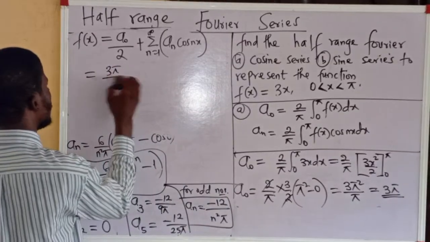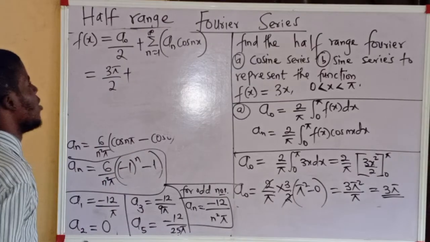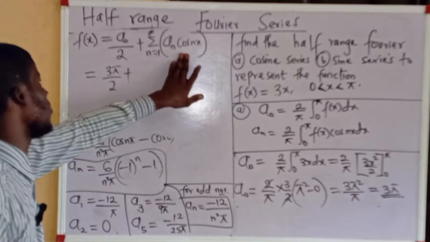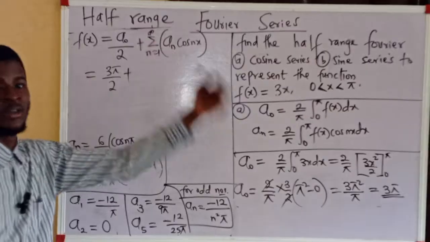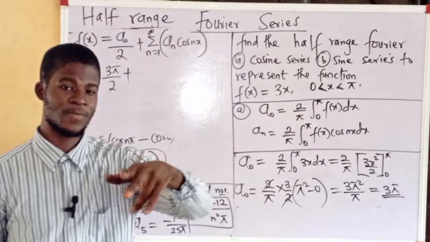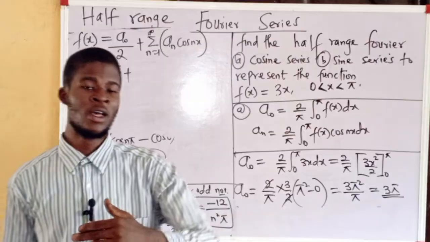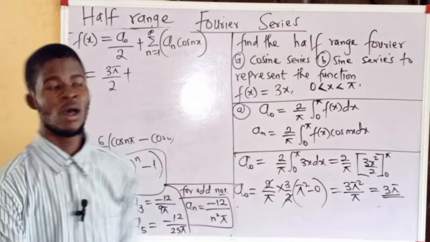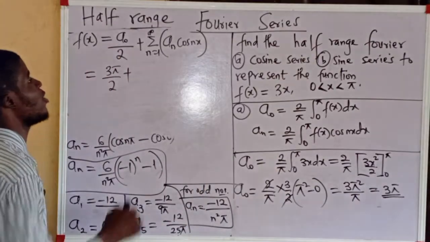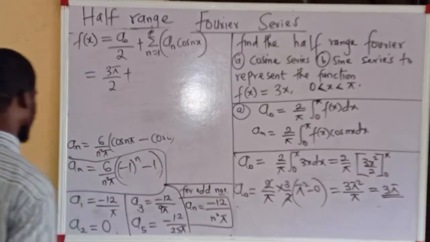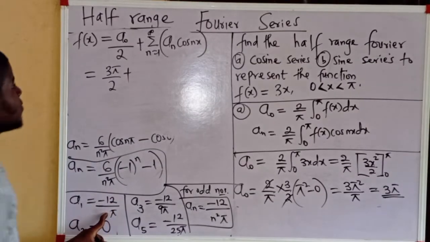3 pi over 2 plus, let us take the summation of this now from n equal to 1, 3, 5, 7. Because for n equal to 2, 4, 6, 8, a sub n is what? 0. So we are going to do away with those numbers. So when n equal to 1, what is a sub n? Minus 12 over pi.